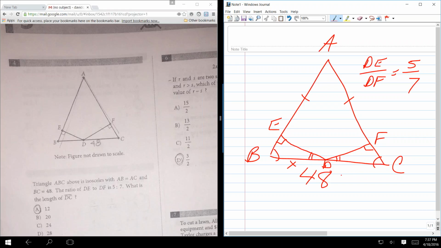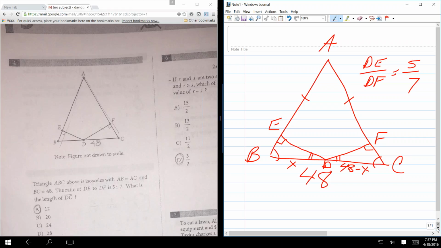No, if the total base is 48, and I'm letting x be from B to D, what is from D to C equal to? 48 minus x? You got it. That's a big realization, I should say. The fact that you can figure that out is important.